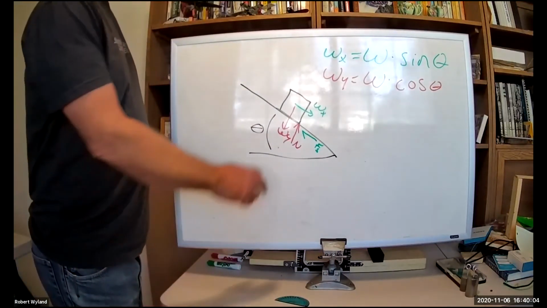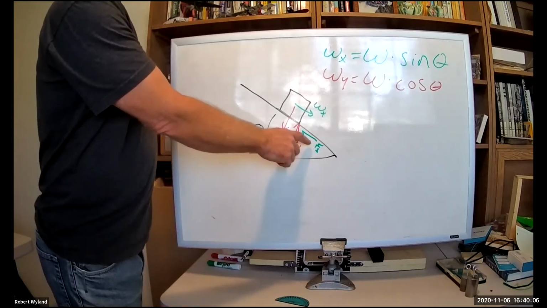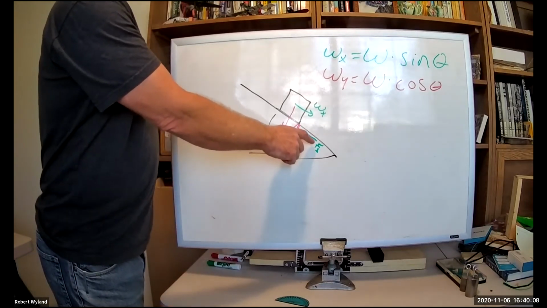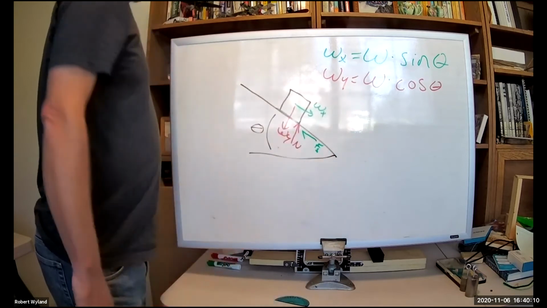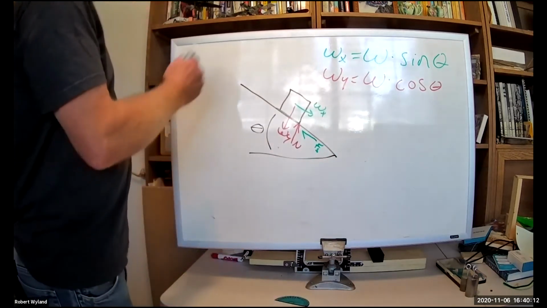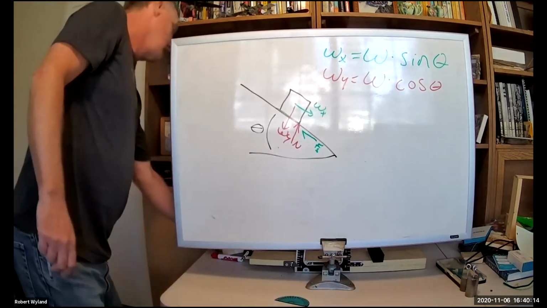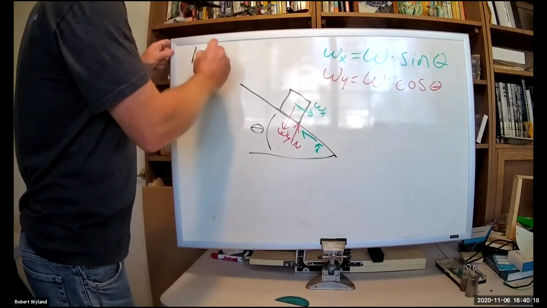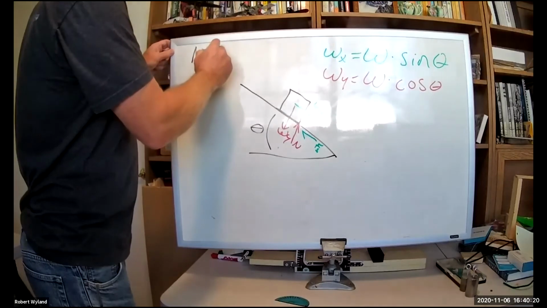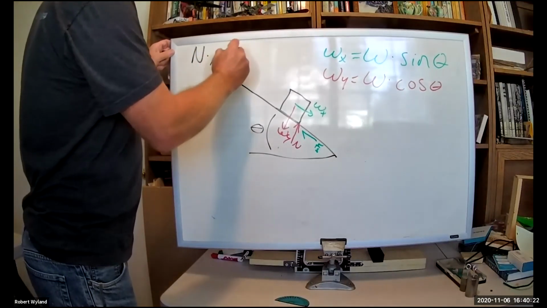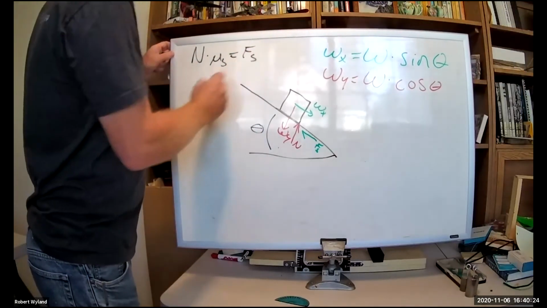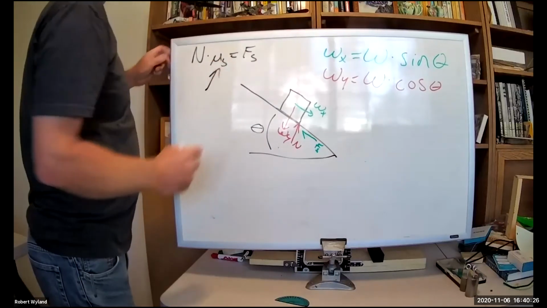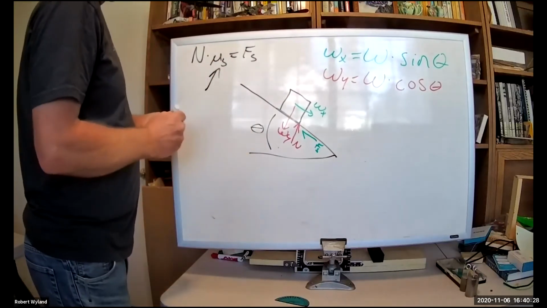In the first one, you're just going to solve for the coefficient of friction, mu_s, which, as you recall, you're solving for because you know theta.